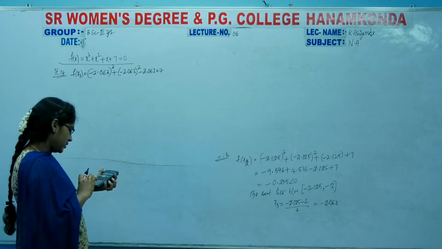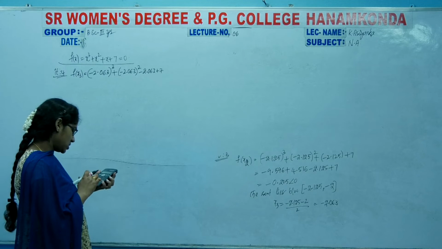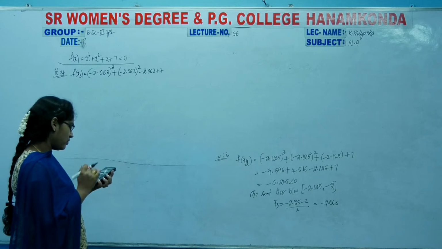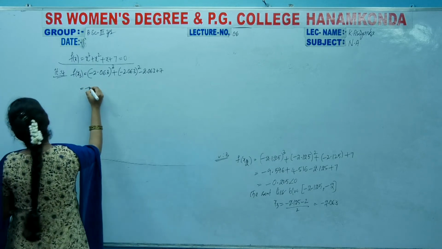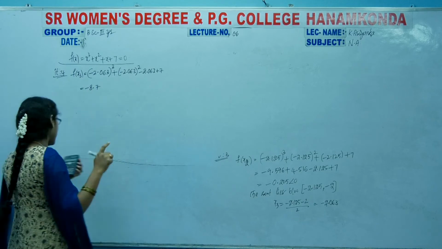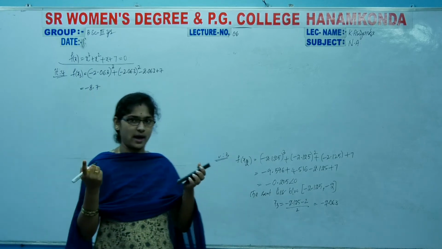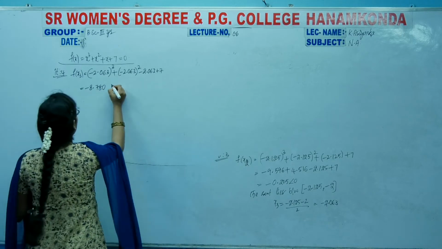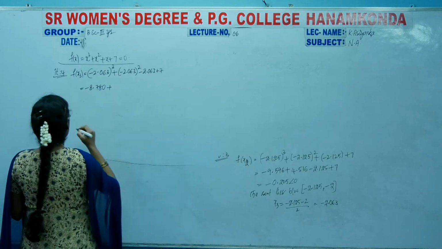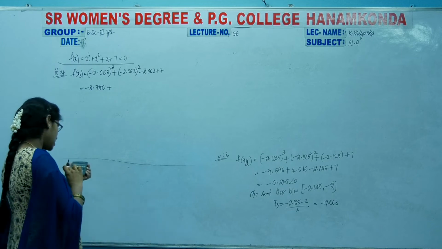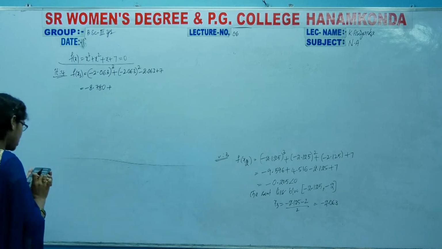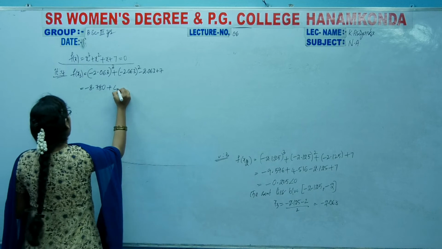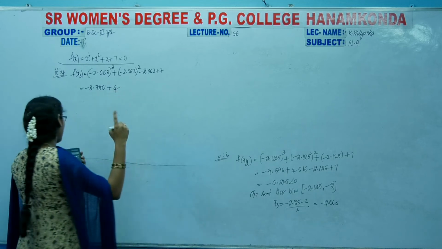Okay, so now here (minus 2.063) whole cube. What did you get, ma'am? It is minus 8.78006. Right, so that's why I am taking 8.780 only, minus into minus plus, and 2.063 whole square is nothing but 4.2559.